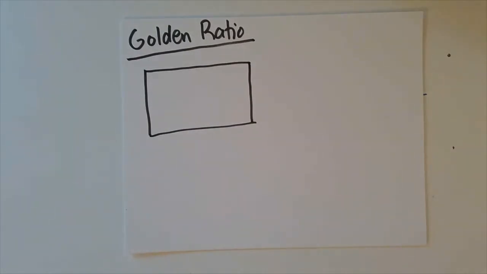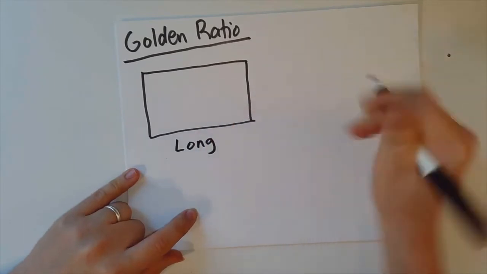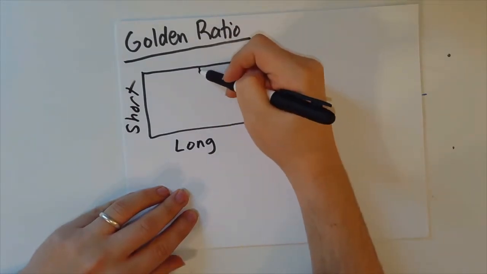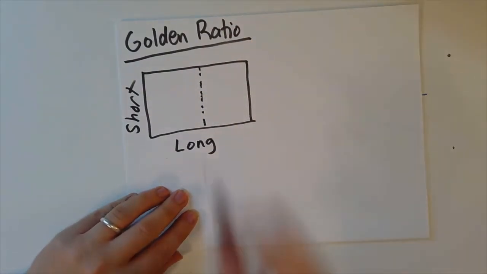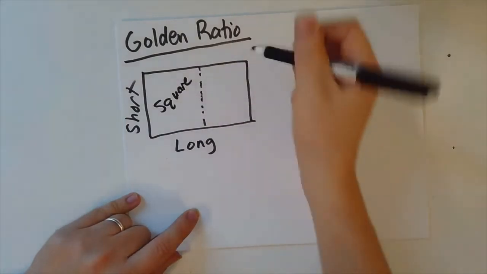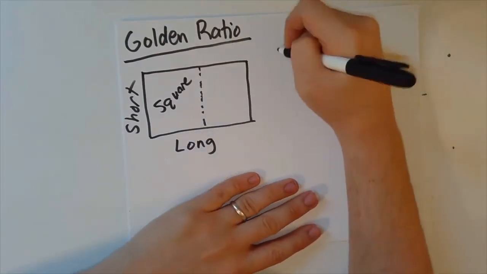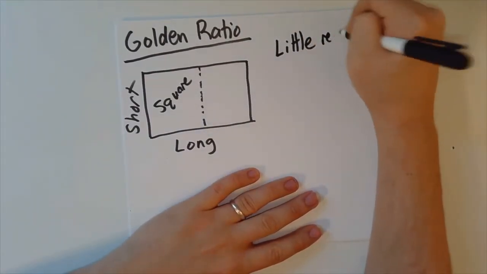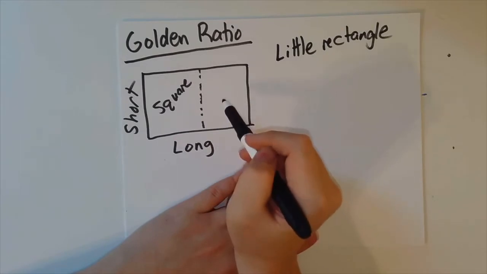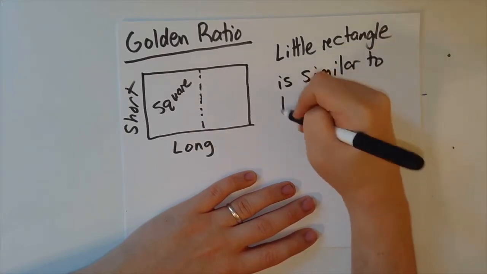The basic idea is that this is the rectangle where if you look at the long side and the short side, and you chop this so that this is now a square, and you look at this sub-rectangle here, the point is that the little rectangle, the one that I got by chopping off a square from the side of the big rectangle, is similar to the big rectangle.